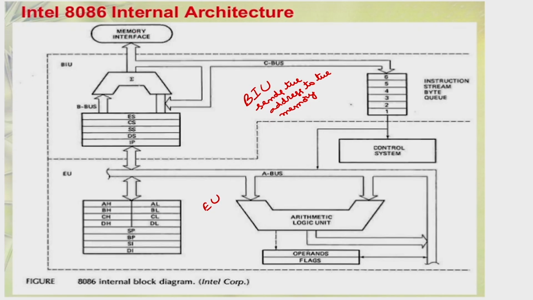This is the memory outside, the memory interface, and we can have IO also. We can connect to the IO device also. Here this connection can be connected to IO also. So BIU sends the address to the memory location.